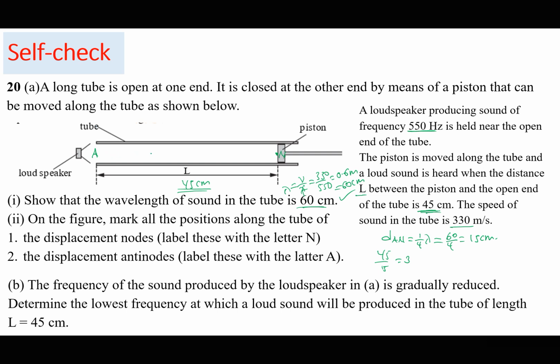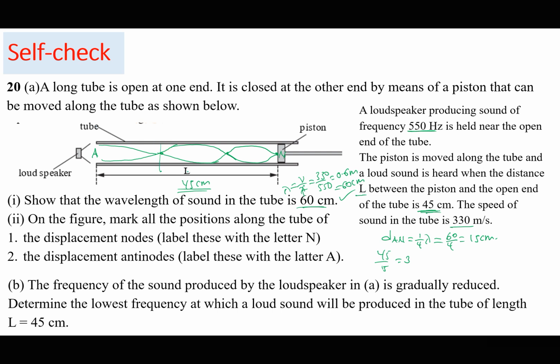So we are going to divide this length into 3 parts. So this is going to be 1, and this is going to be 2. Because the distance between node and antinode is going to be, so let me check this.